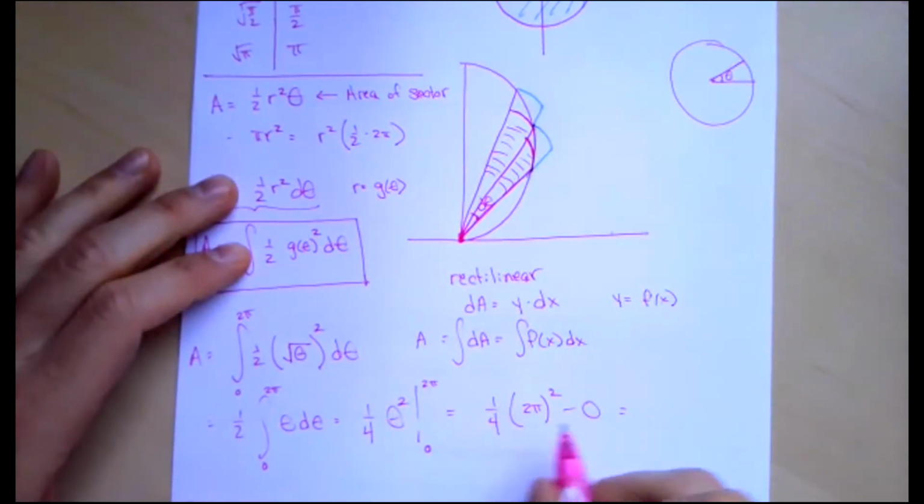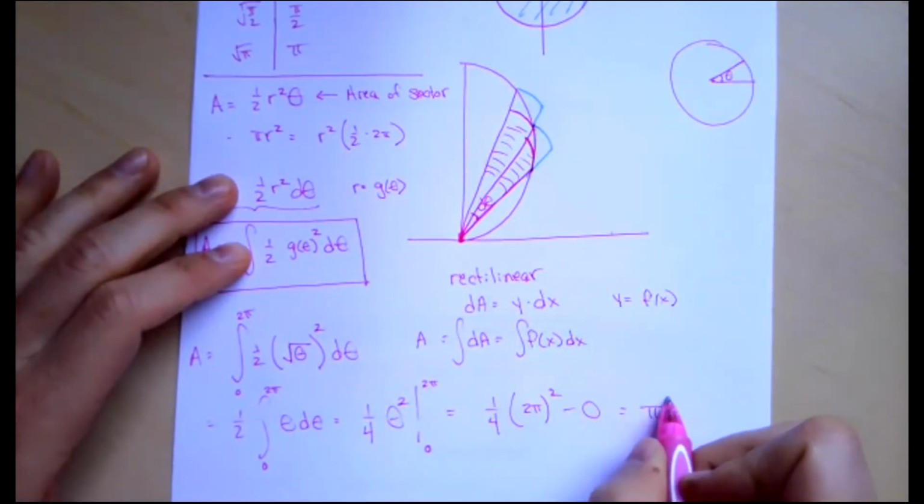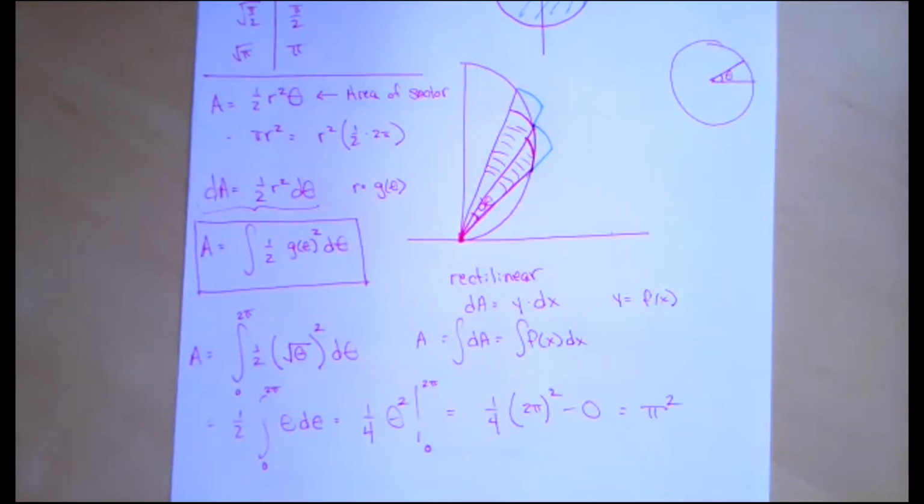So we'll get 4 pi squared over 4. Total area is then pi squared. Any questions? Anyone still writing on that?